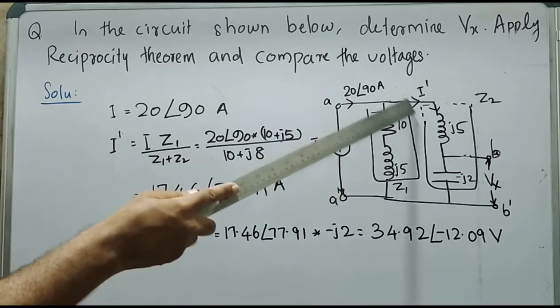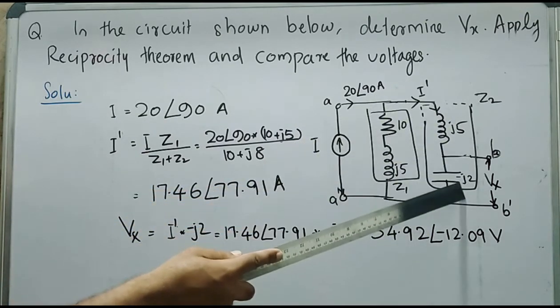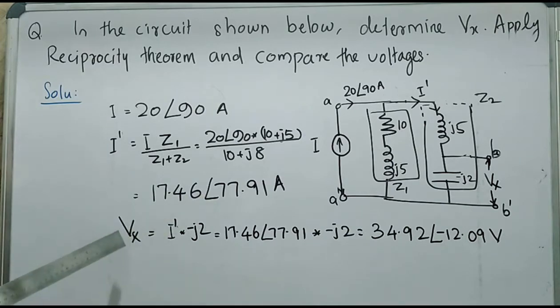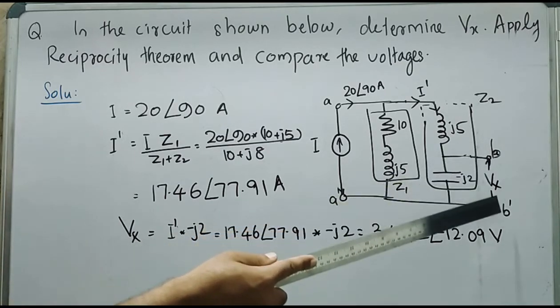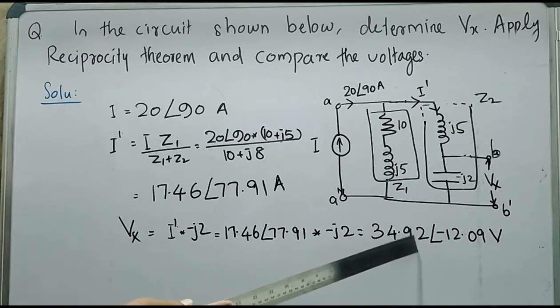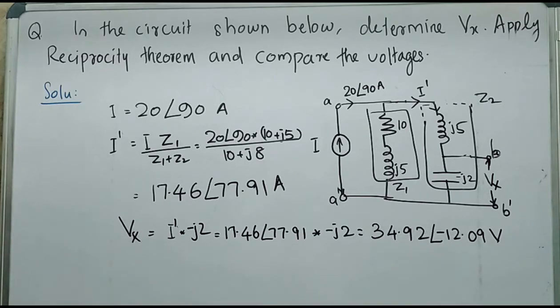Now we can easily find out Vx. What is Vx? I dash into this impedance alone, that is minus J2. So substituting the value of I dash in this equation, we can obtain the voltage across BB dash, that is Vx, as 34.92 angle minus 12.09 volt.